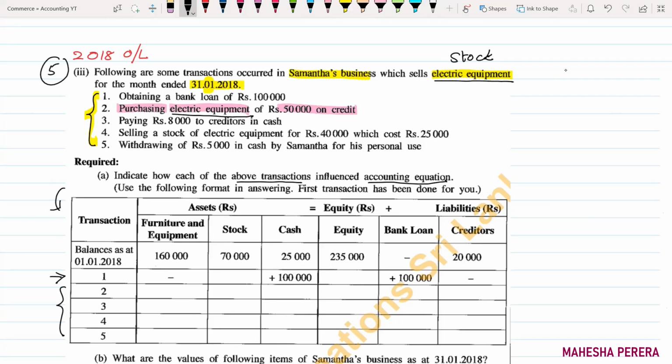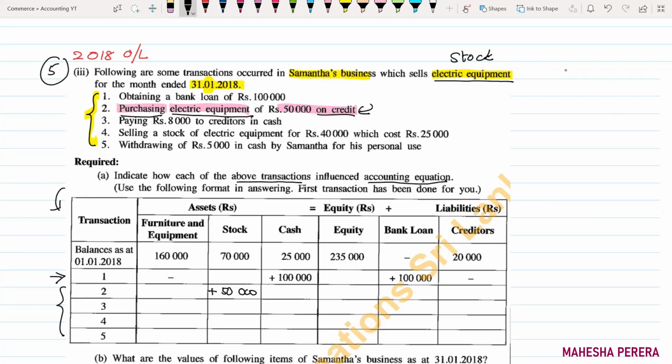Definitely, when the business purchases stock, the value of stock increases. So under stock, you can write plus 50,000. And this is a credit purchase, so we know that creditors arise in the business.